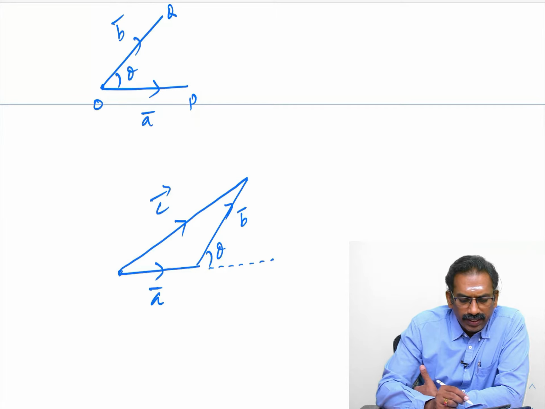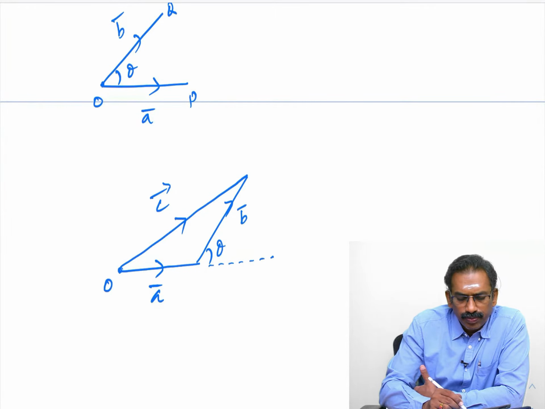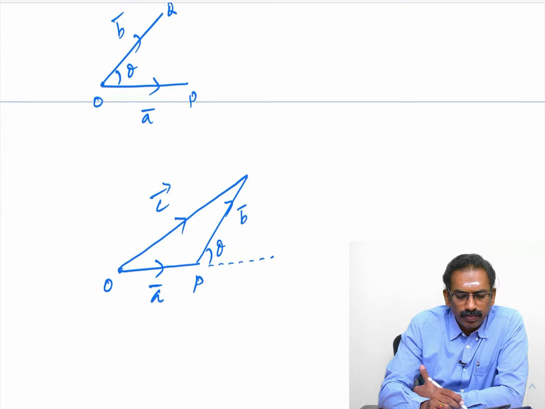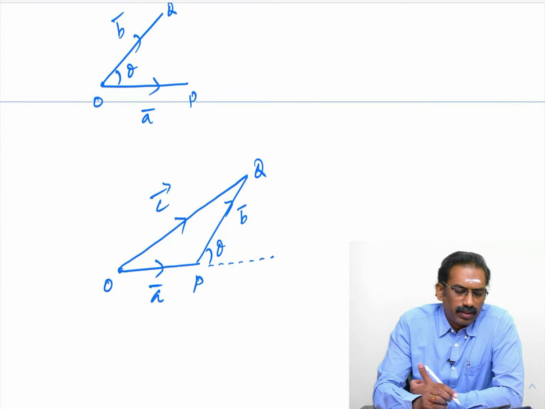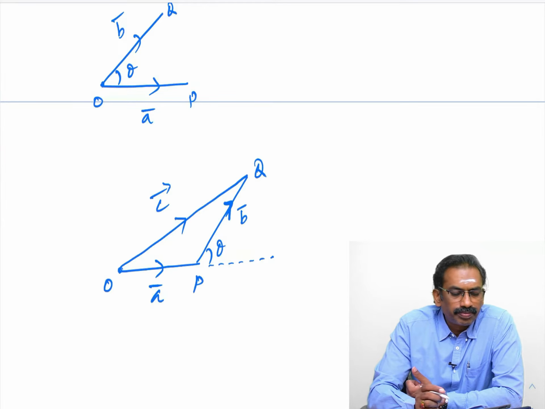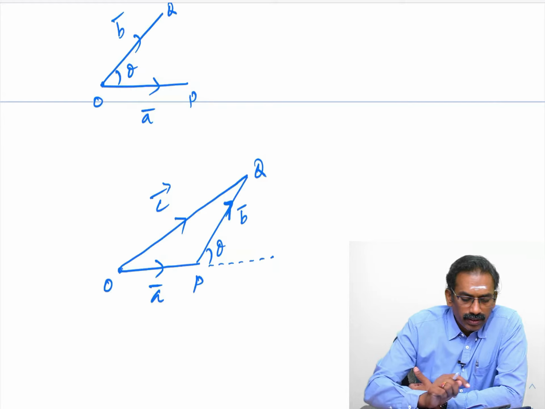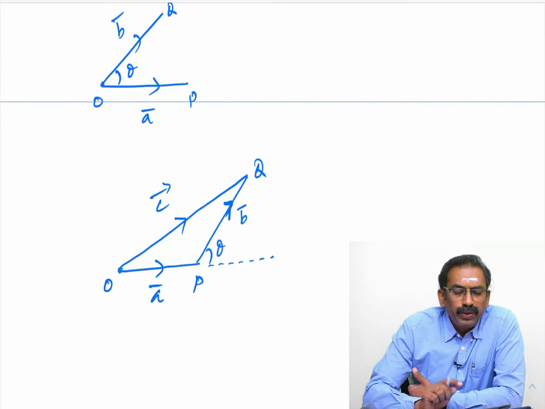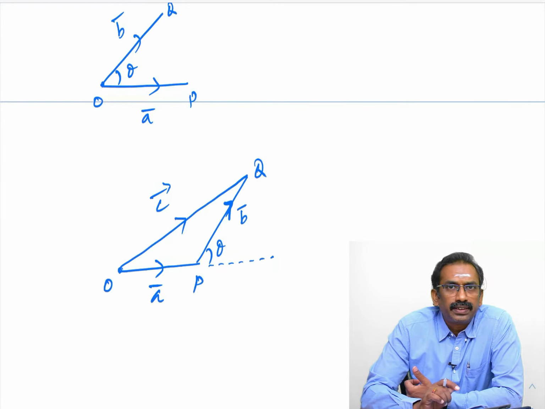If you see this vector addition, we can get a triangle. In this triangle, OP and PQ are the two sides. These two sides are the magnitudes of the A vector and B vector.